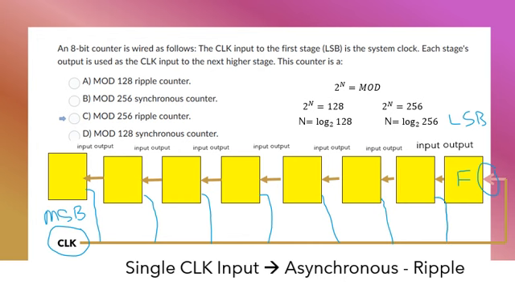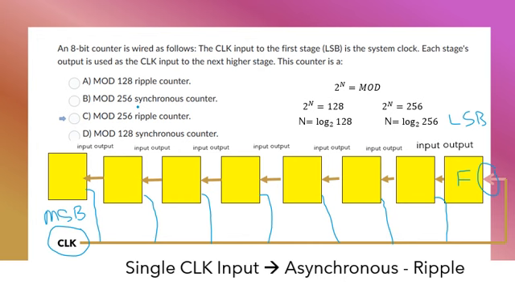If your clock line branches to each flip-flop, I have 1, 2, 3, 4, 5, 6, 7, 8 branches here, and we apply the clock input to all of them at the same time to cut the delay, then that would be synchronous.